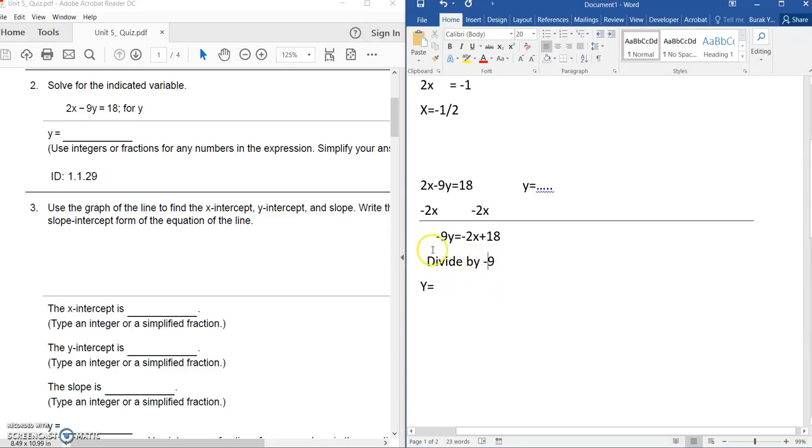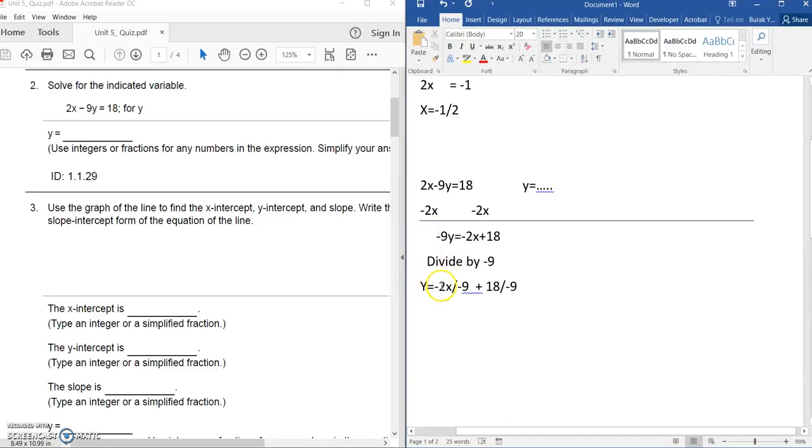If I divide everything by negative 9, it will cancel out this negative 9, and then here you would have negative 2x divided by negative 9, and then plus 18 divided by negative 9.